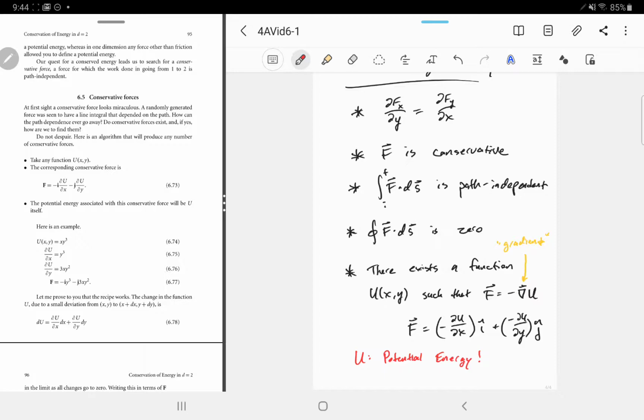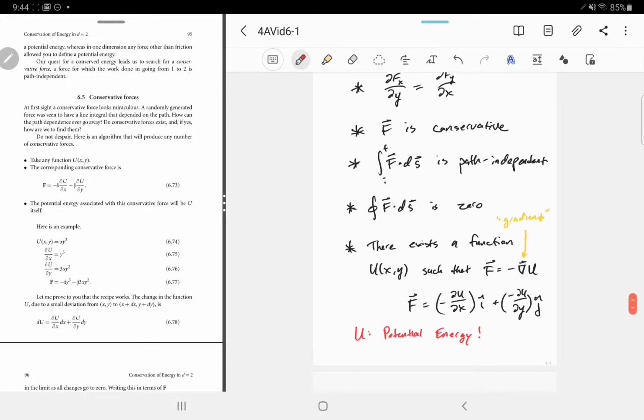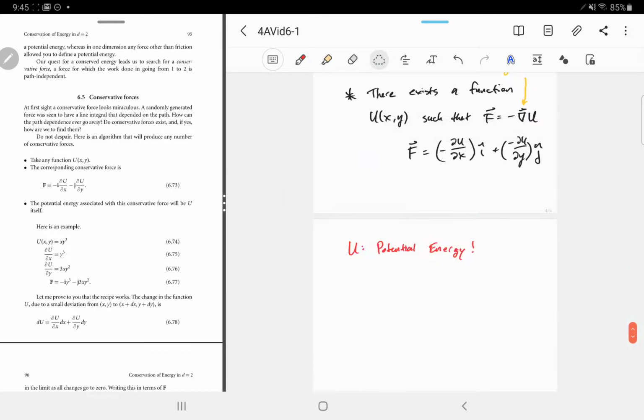The reason this condition exists, by the way, let me point out, let me scoot this out of the way, that this right here is Fx, and this is Fy.